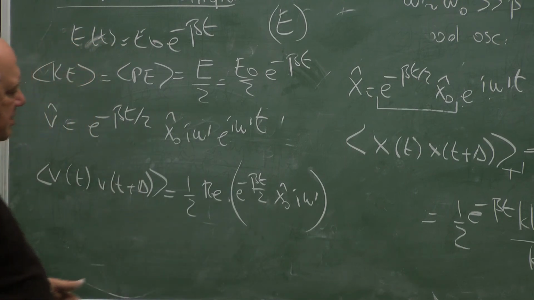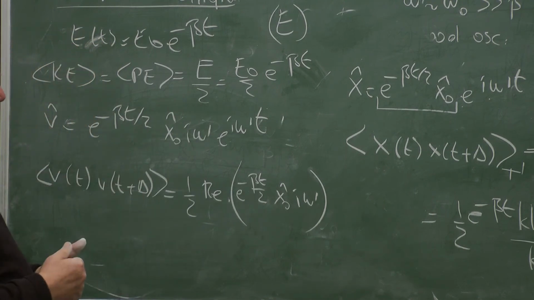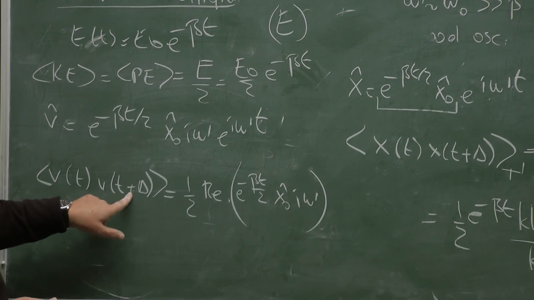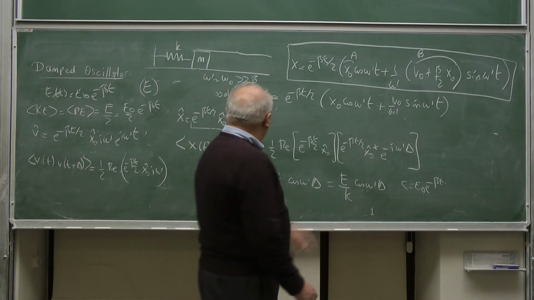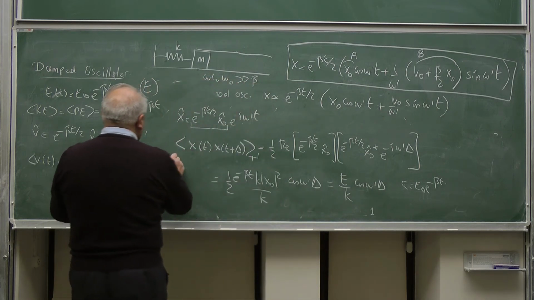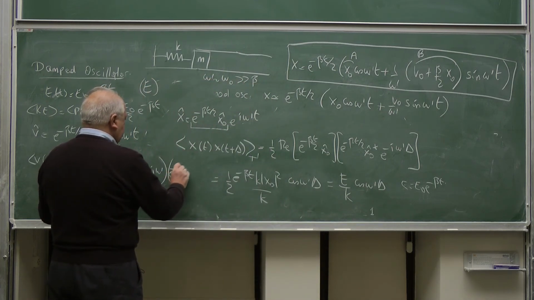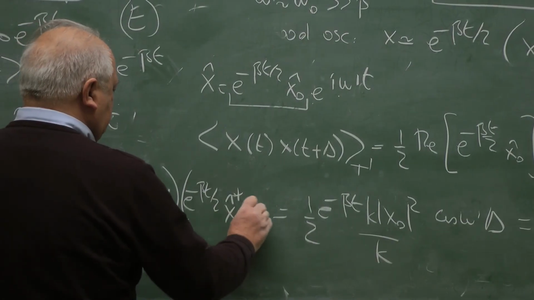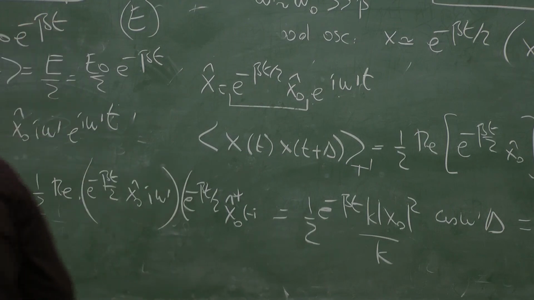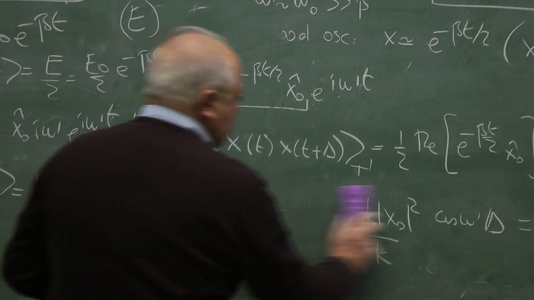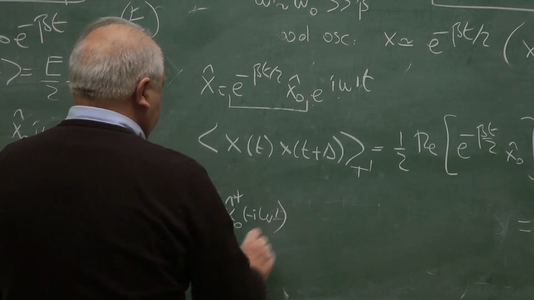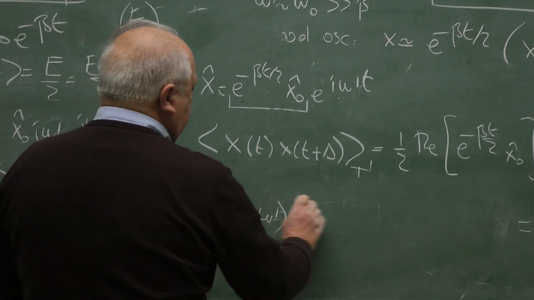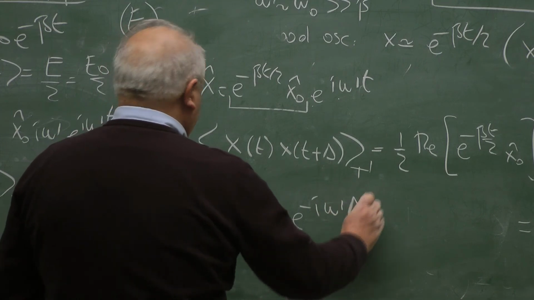Now the coefficient of the other one, complex conjugated, but the other one is evaluated at t plus delta, and it gives me another factor like that. So it is e to the minus beta t over 2 x0 star minus I omega prime times e to the minus I omega prime delta.